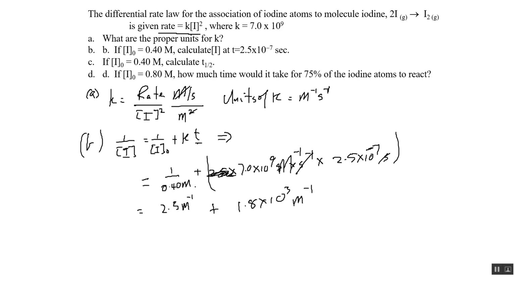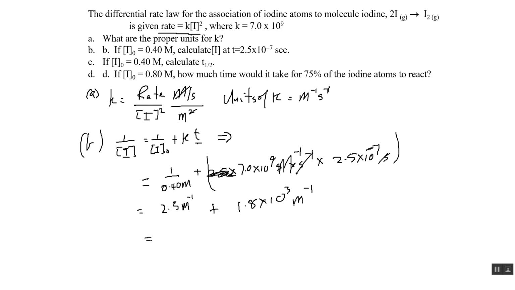Now let me do a recheck of this one here just to make sure I'm doing the right thing. 7 times 10 to the 9 multiplied by 2.5 times 10 to the minus 7. Okay, so that part is right. So basically, we're adding 1.8 times 10 to the 3 plus 2.5. So according to my calculation, this works out to be basically 1.8 times 10 to the 3 again.